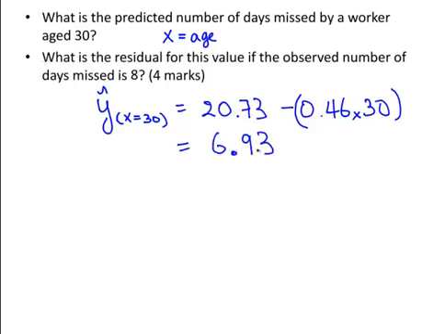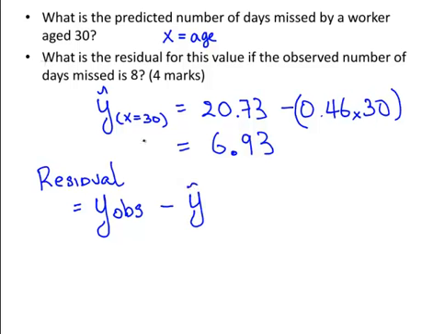The question is, what is the residual for this value, 6.93, if the observed number of days missed is 8? Suppose there was a worker aged 30 in the model, and they missed 8 days. What is the residual? The residual is the observed value of y minus the predicted value of y for some value x equals 30.